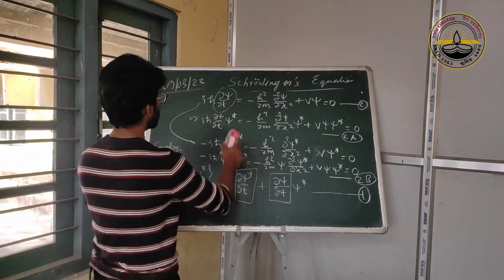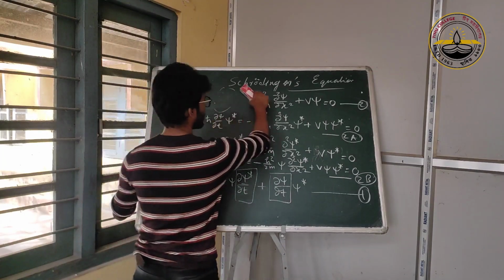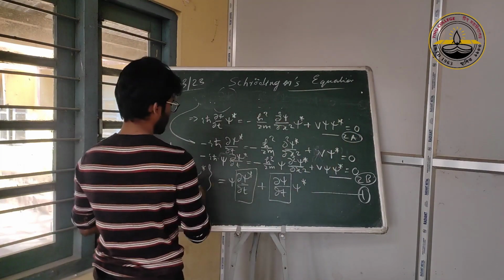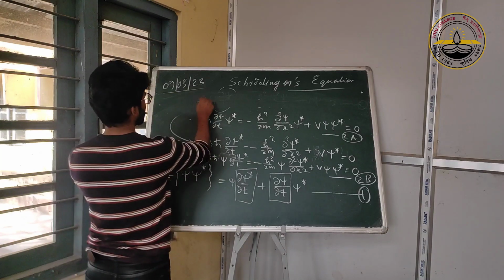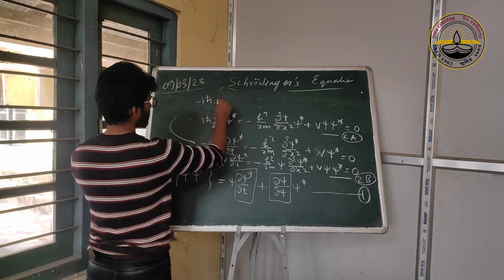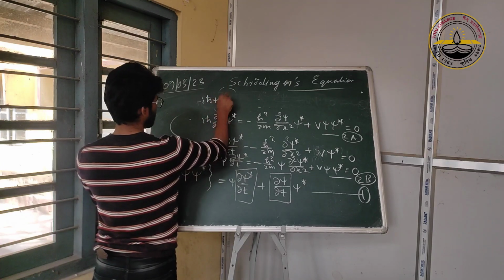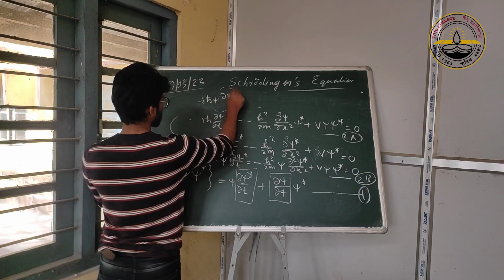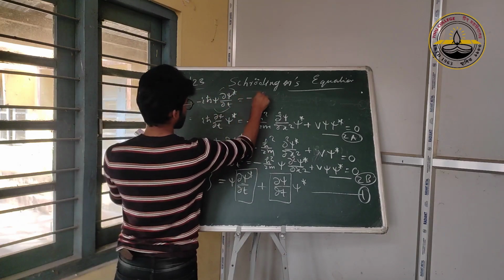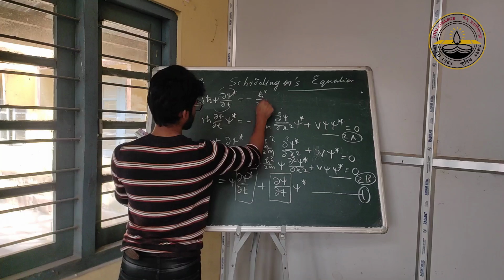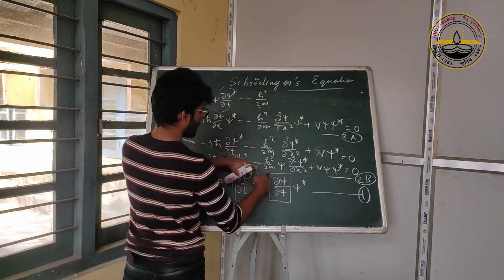Now I have to write this somewhere else, anyway, let me erase other things that we don't need. So let me write down this there. So minus i h cross chi del chi star del t equal to minus h cross square over 2m. What do we have?